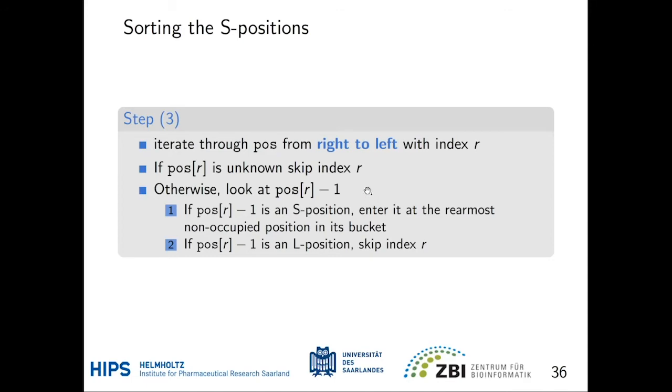Otherwise, we look at the position that is preceding the position stored at index R. If this position is an S position, we enter it at the rearmost non-occupied position in its bucket, starting from the end of its bucket. And if it is an L position, then we just skip this index.